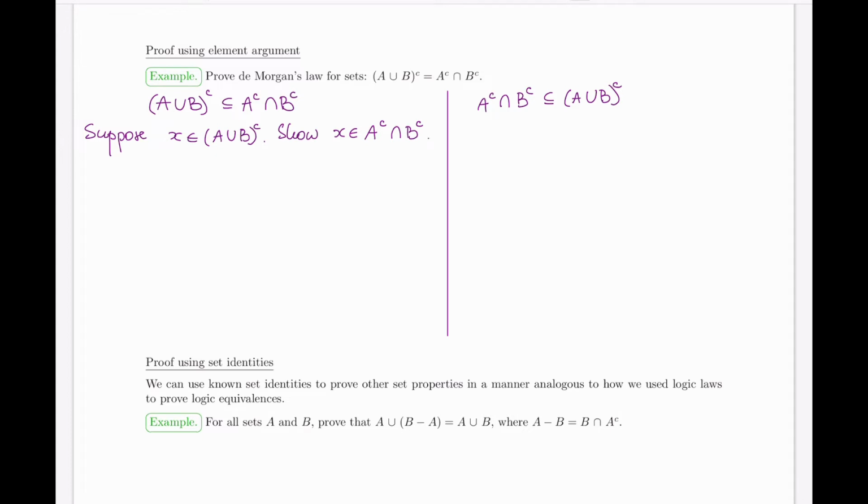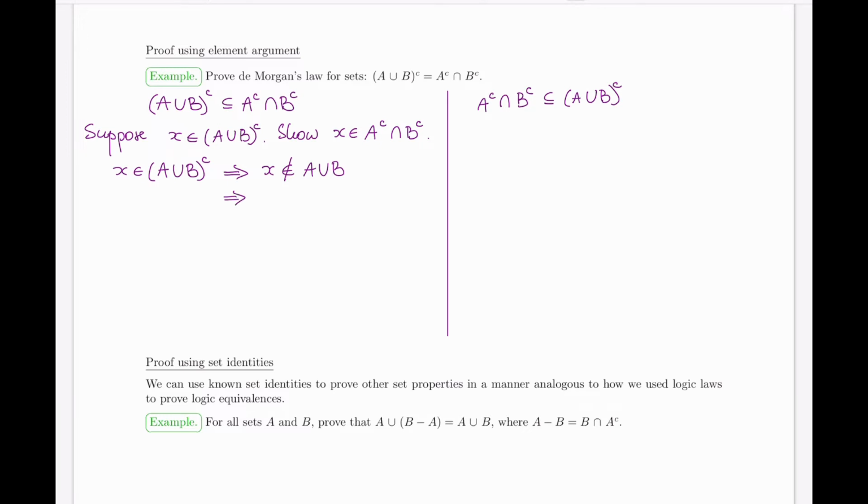So if we're going to start off by assuming x belongs to the complement, let's just write this out one more time to be very precise. What does that imply? Remember, the basic tools from the previous page say that if x belongs to the complement of something, it means that x is not in that something. So this implies that x is not an element of A union B. Not being an element means that it is very specifically outside of that set.